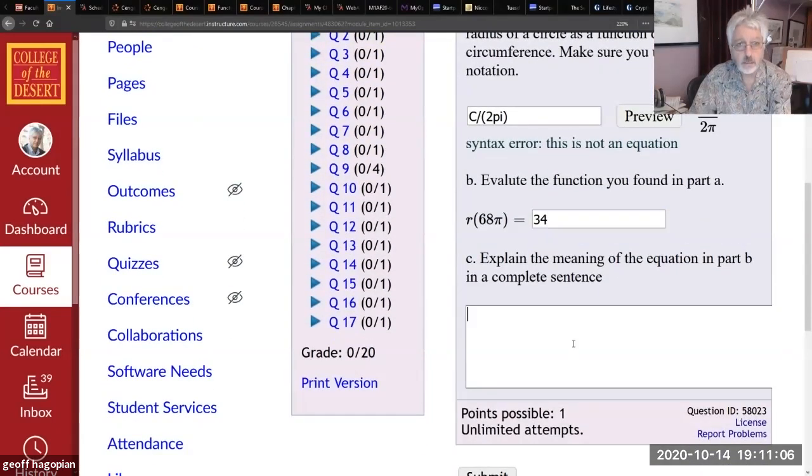Explain the meaning of the equation in part B in a complete sentence. Oh, great. This is like a little essay problem.